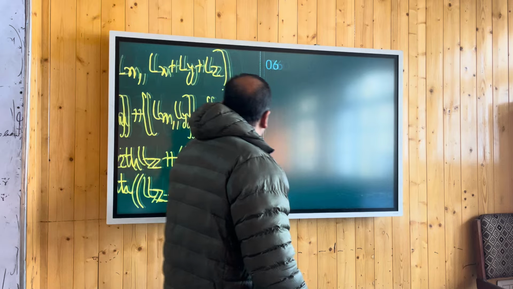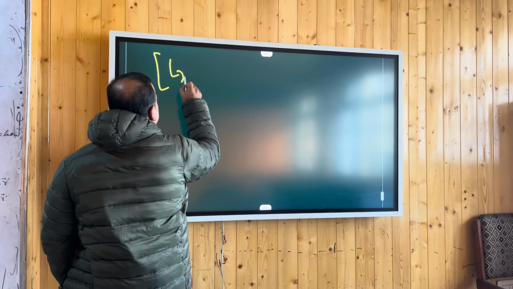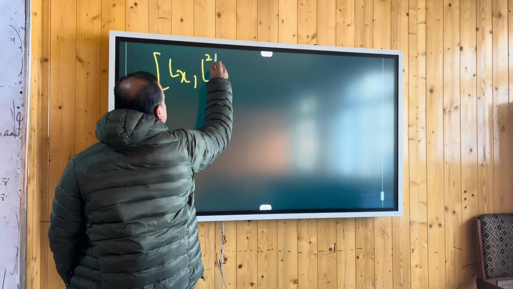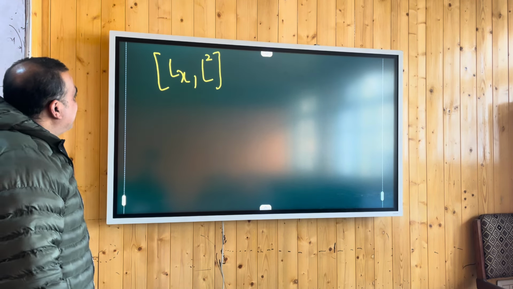Similarly, there is no problem in finding the commutation between Ly and L, and Lz and L. Now let's go with another important commutation, and that is Lx and L square. Let's see how they commute.